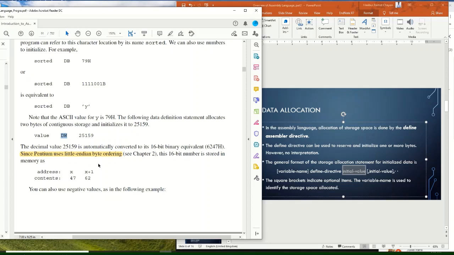So in this case, we have 2 bytes: this is the first byte location, that is the second byte location. According to the Pentium processor, we save the least significant byte first. That means we save the 47 first into the first byte, and then the 62 into the next byte. We are not going to have it the other way, 62 first and 47 next. It is not possible.